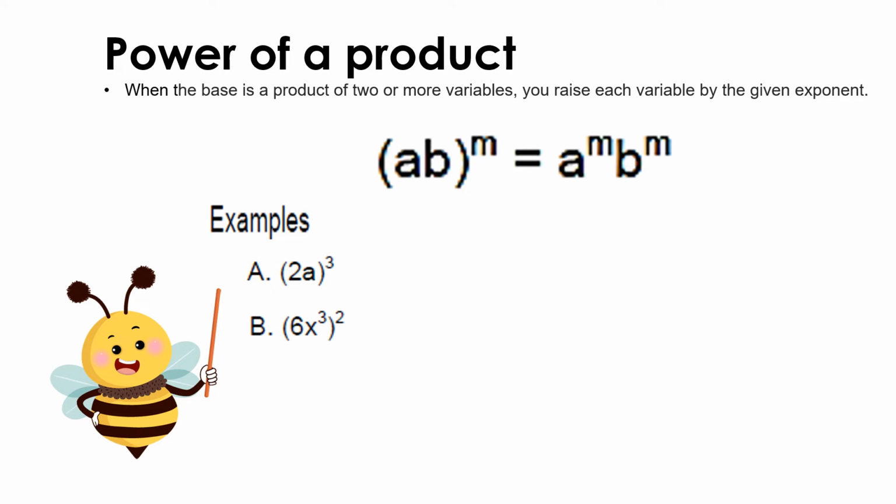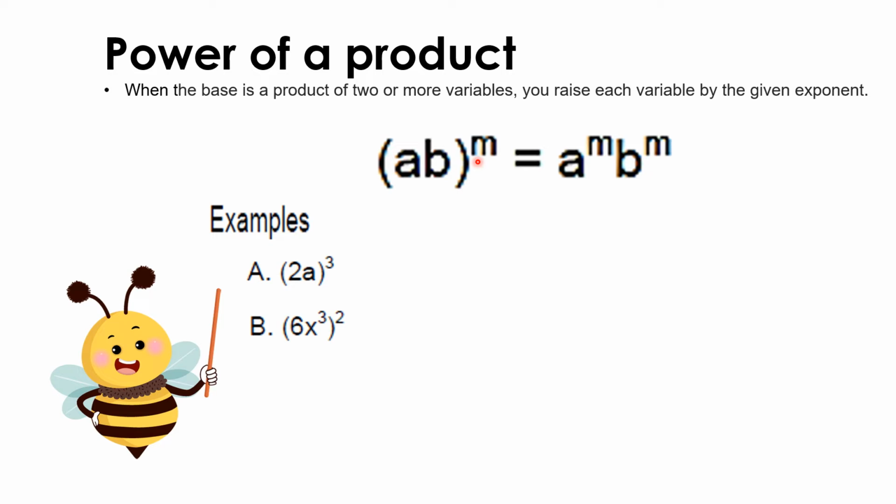Next one is the power of a product law. It is just the same as the power of a power law, but this time around, the only difference is that there are many variables, or a variable and a coefficient, inside the parenthesis, and that parenthesis is raised to an exponent.